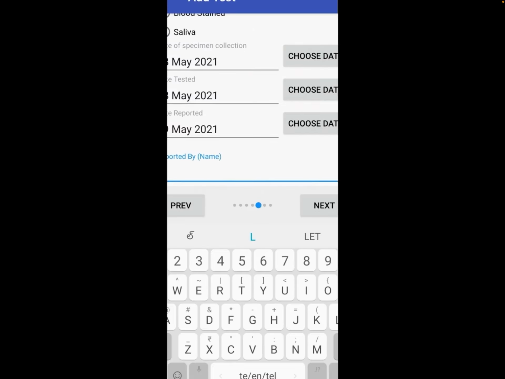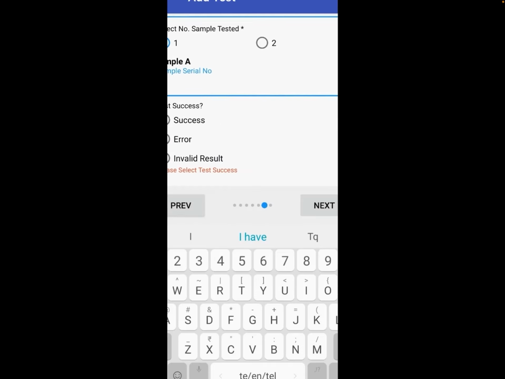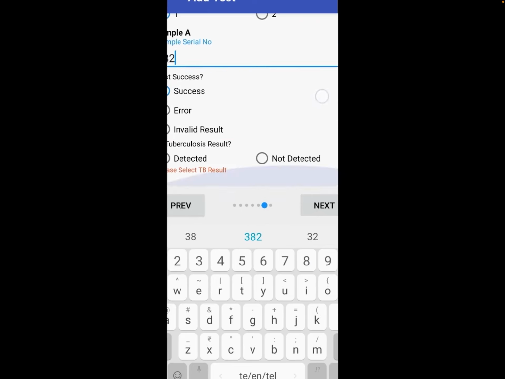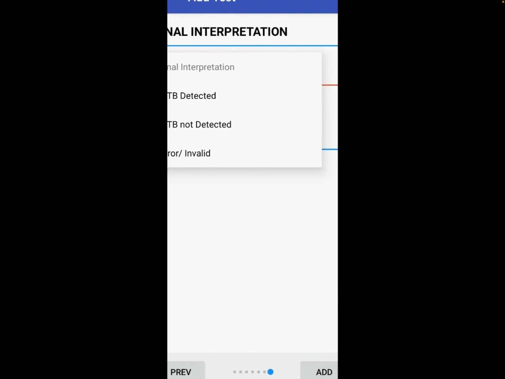Reported by: here it is LT, and the LT can write his own name. For sample 1, the serial number and lab ID, you can give the lab ID, success, then MTB detected or not detected. For MTB you can see the options: detected, not detected, error or invalid.